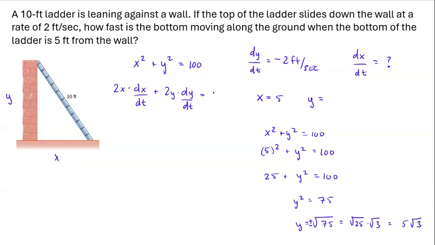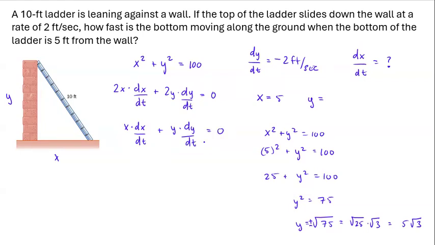And the derivative of 100 is 0. Now we can divide everything by 2 just to simplify our equation a little bit. This will give us x times dx/dt plus y times dy/dt equals 0.